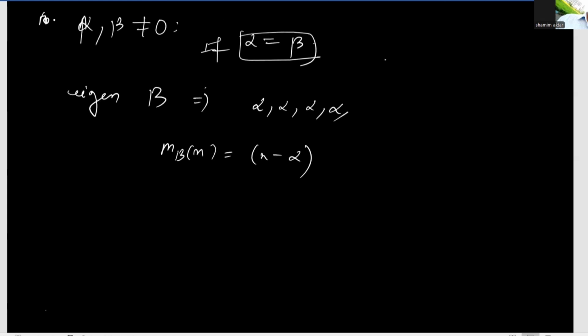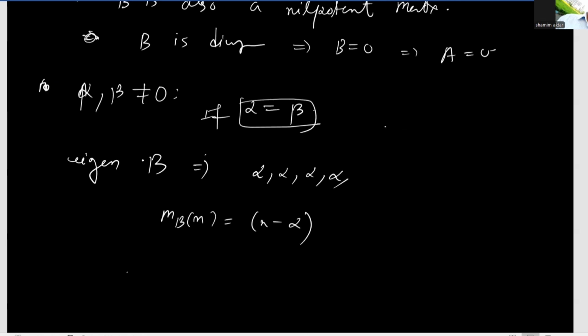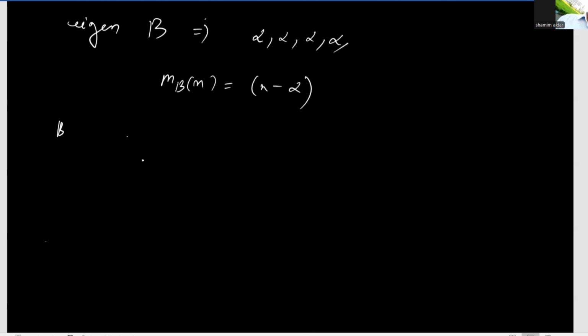By the Cayley-Hamilton theorem, the characteristic or minimal polynomial is satisfied by the matrix. So this implies m(B) equal to 0, so B minus alpha I equal to 0.